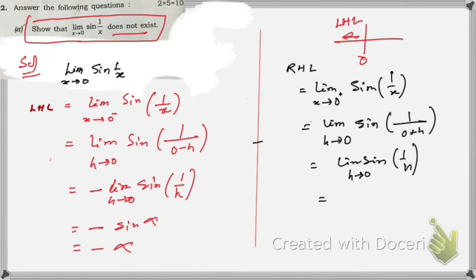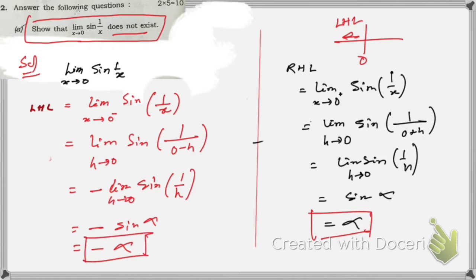And if you put 0 here, then it will be sine 1 by 0, which means sine infinity. So here you can see we have got a positive infinity, and here we have got negative infinity.